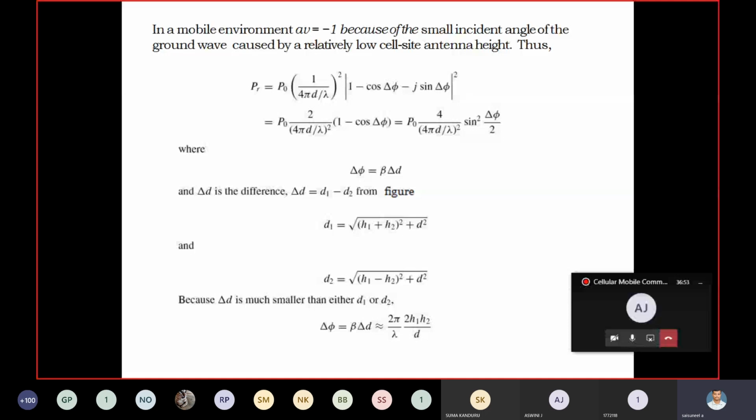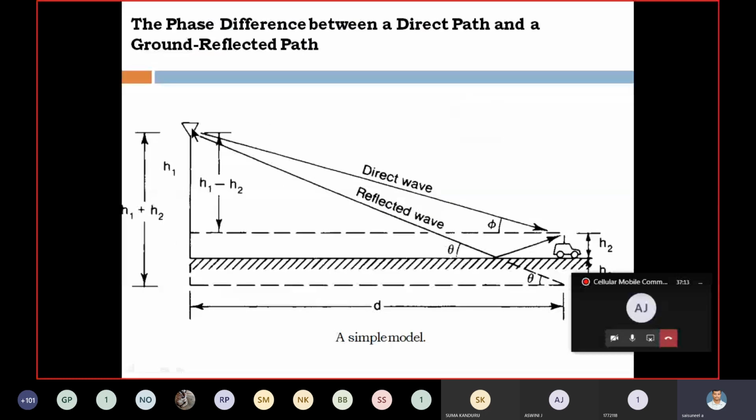Delta d is nothing but the path difference. Suppose the direct path is 10 meters; the reflected path is more than 10 meters. Why? See in this figure, the wave comes like this and the ground reflected path is longer. This line is the difference. That's why delta phi equals beta into delta d.